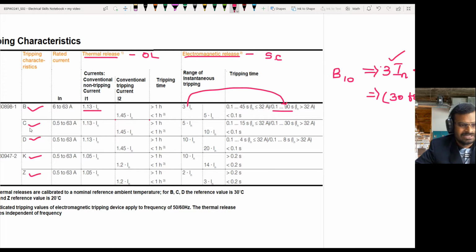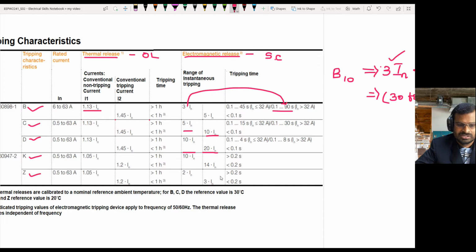Similarly, for C type, D type, K, Z, all these different types, we have a trip range given here. The trip range for C type is from 5 IN to 10 IN, for D type it is 10 IN to 20 IN, for K type it is from 10 to 14 IN, and for Z type it is from 2 to 3 IN.